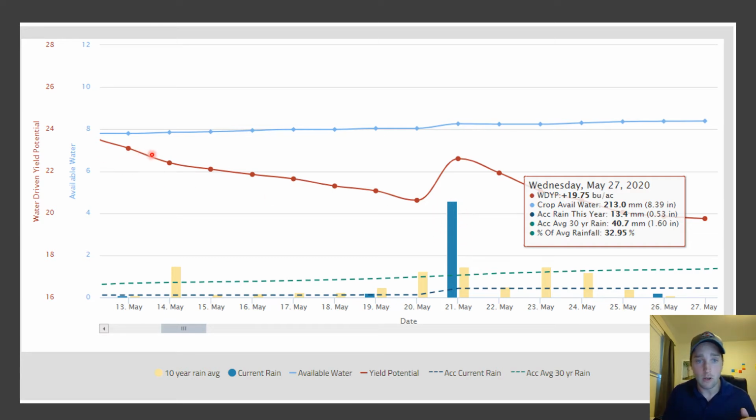So we're gradually decreasing without rain. We get a shot of rain and water-driven yield potential jumps up and continues to go down until another rain event. This blue bar at the top is displaying crop available water, and we're also seeing how that responded to a shot of rain there.